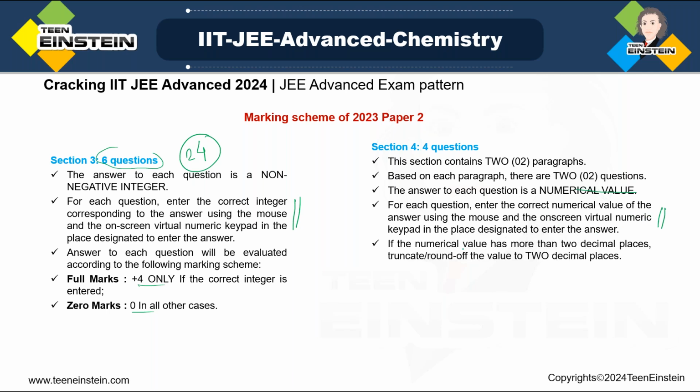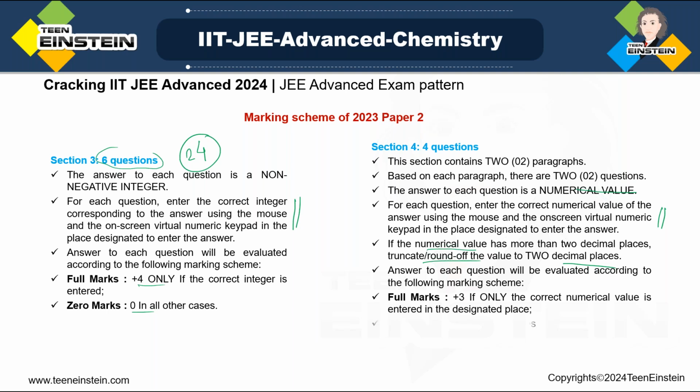If the numerical value has more than 2 decimal places, you have to round off to 2 decimal places. The marking scheme is +3 only if the correct numerical value is entered, and 0 marks in all other cases. So here +3 and a total of 4 questions, that means again you can get a maximum of 12 marks.